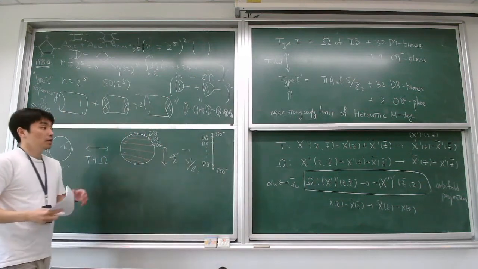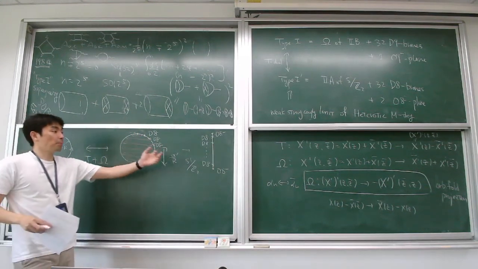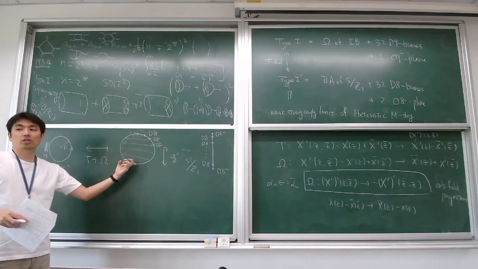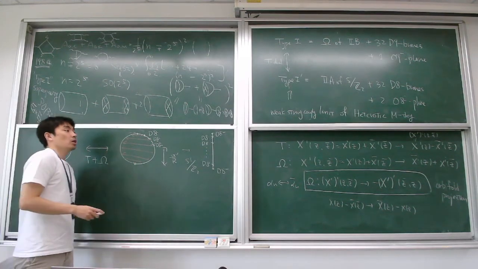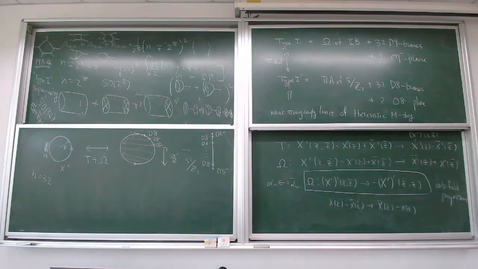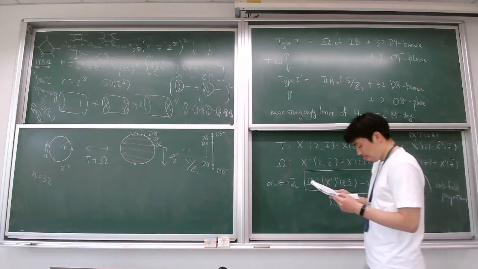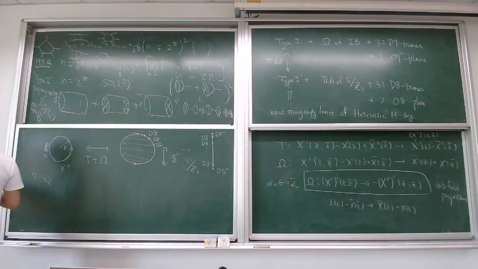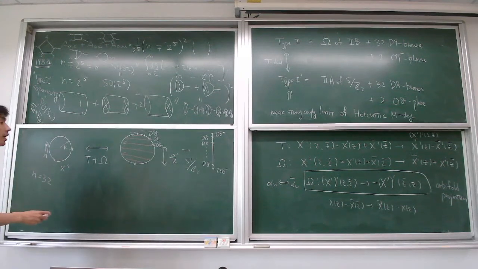D8 plane. There's only 16, but the pre-image of this projection is 32. Okay, 32. So that's what's going to happen, and this is indeed what's going to happen.